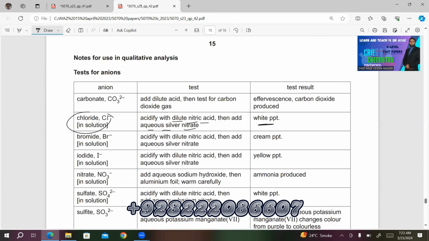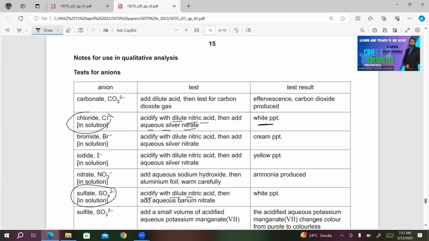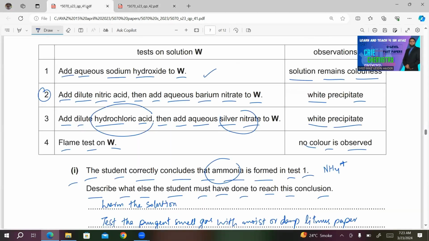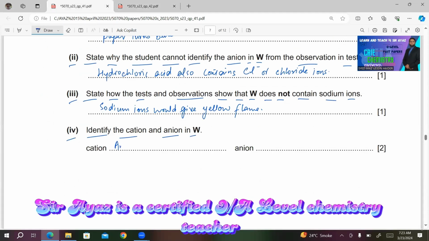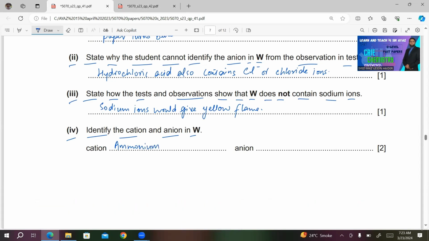So this test is for the sulfate ion. You see this? Acidify with dilute nitric acid, then add aqueous barium nitrate, white precipitate. So definitely it must contain ammonium and sulfate ion. Ammonium, which is the cation here. Ammonium, not ammonia. Ammonium or NH4 positive. Sulfate or SO4 2 minus.